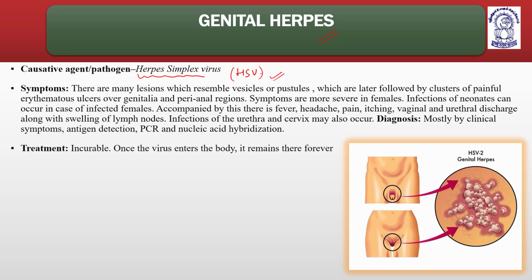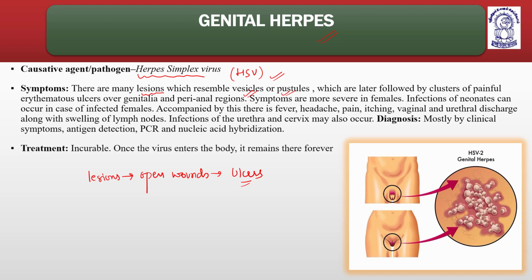Herpes simplex virus. Symptoms: they come up with many lesions, meaning open wounds, commonly known as ulcers, right? The lesions resemble either vesicles or pustules.